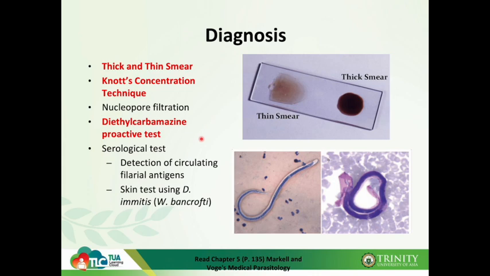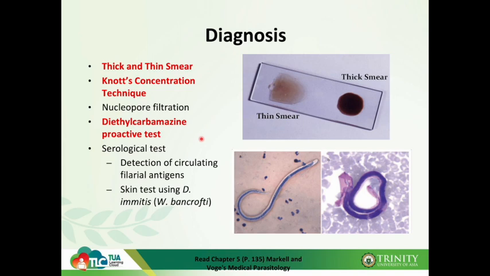Ano naman yung diethylcarbamazine test? So, diethylcarbamazine is actually a drug used for treatment. So, ginagamit siya for treatment. One of the steps in the mechanism of diethylcarbamazine is to encourage the microfilariae to enter the circulation. So, it will encourage them to go out into the circulation or to migrate from the lungs and to the peripheral blood.